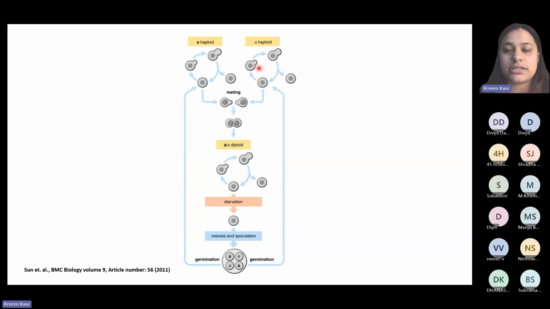So what I was saying was that during a favorable condition, yeast is going to continue to reproduce asexually. But under nutrient deficient conditions, one of the basic survival instincts for all organisms is to reproduce, right?